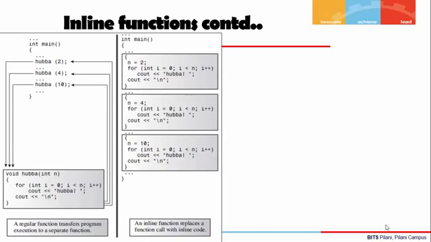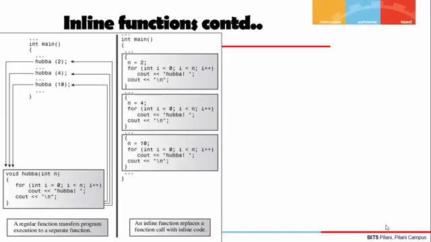So if you see this example, here the function call is happening. Every time the function call is happening, a regular function will transfer the program execution to a separate function. But in an inline function, every time the code is copied into the function.